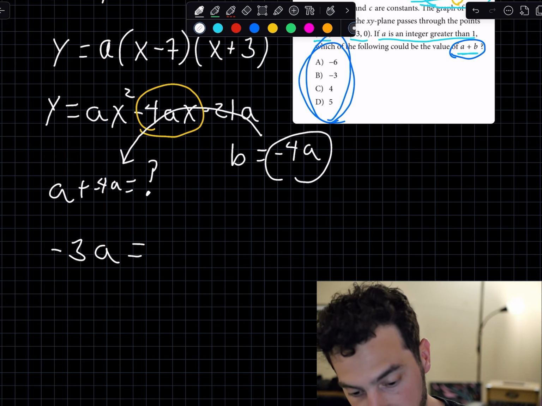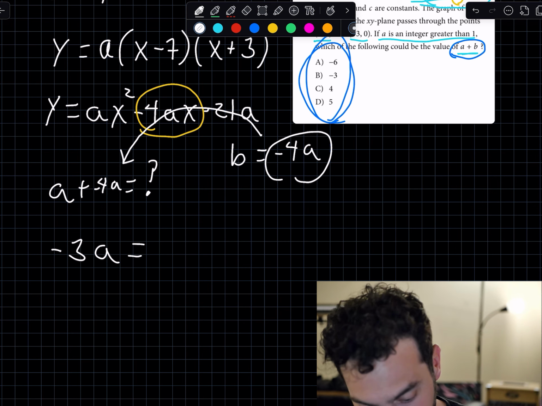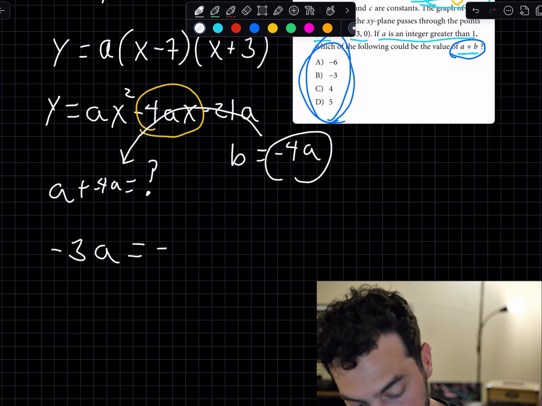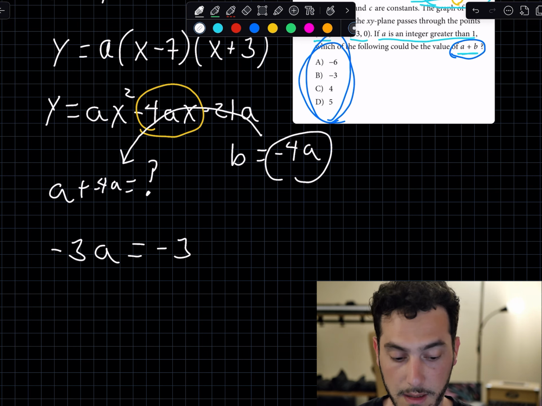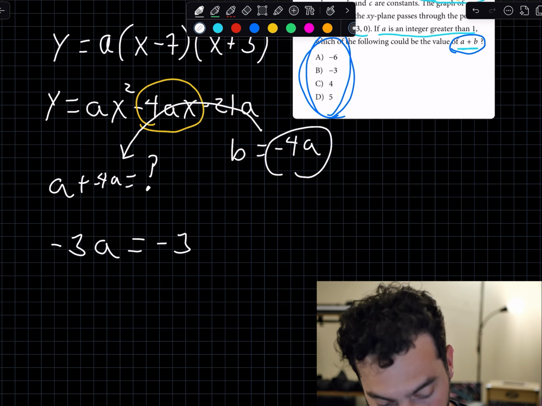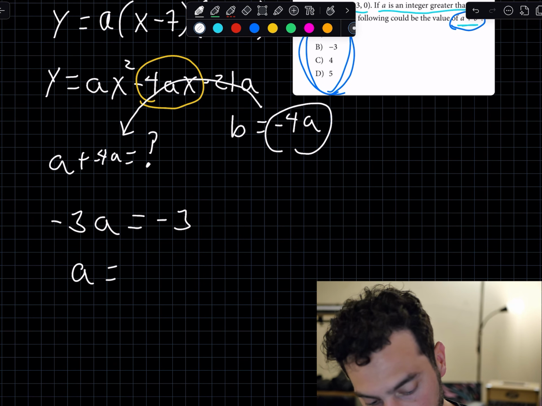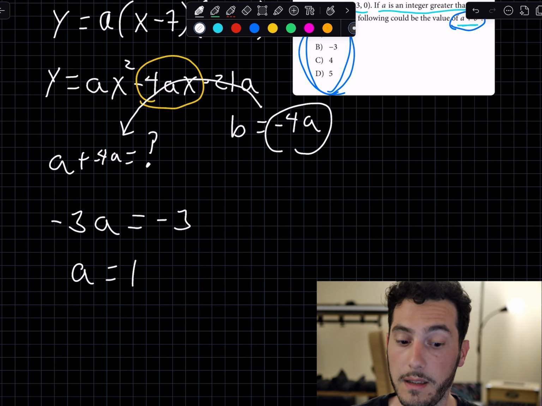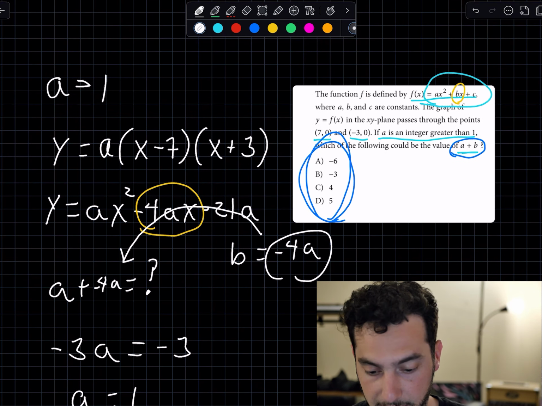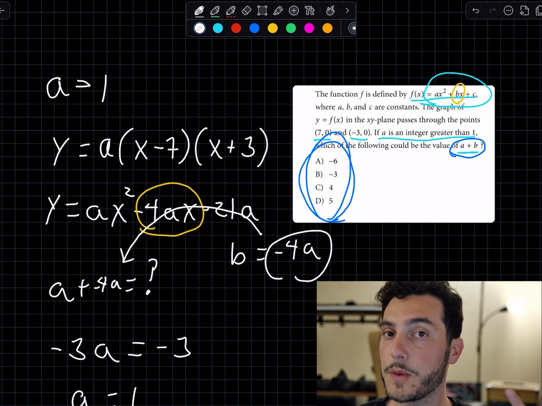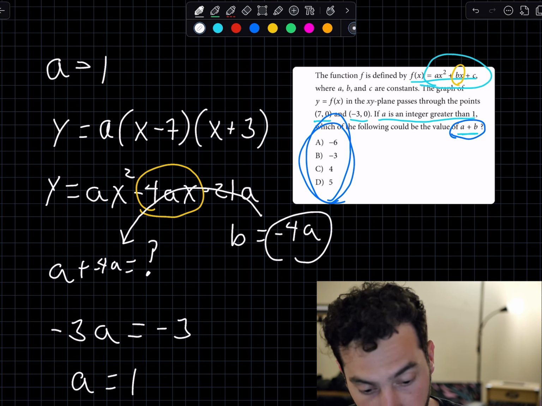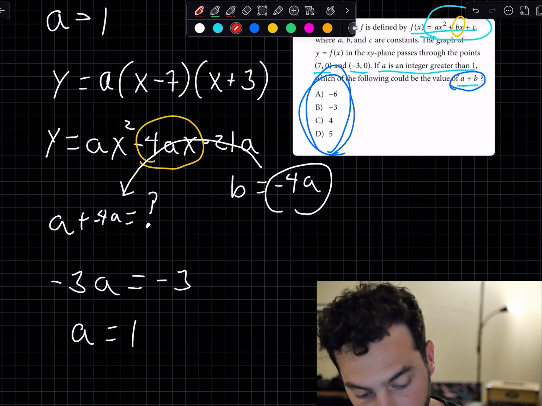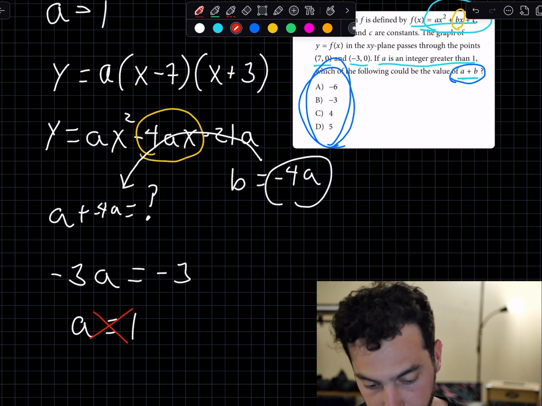Let's go ahead and test B first. a plus b is supposed to be negative 3, so negative 3a is equal to negative 3, and if we solve for a, we get a equals positive 1. Is this a solution? If we go back to the very beginning, what they told us is that a is an integer and it's greater than 1. So 1 is an integer for sure, but 1 is not greater than 1. So this actually will not work as a solution.